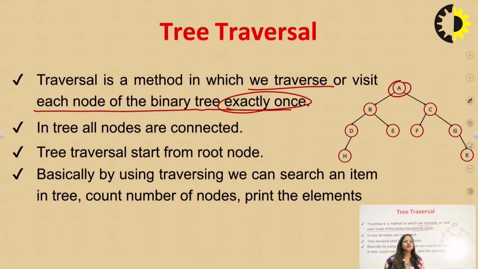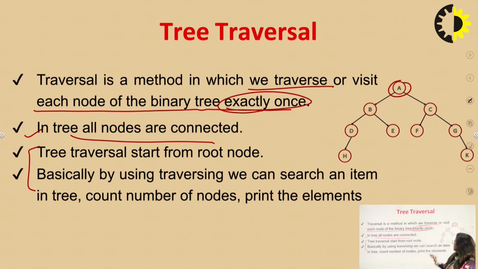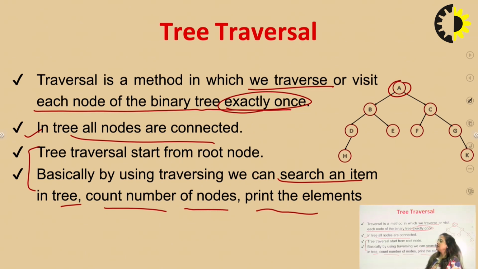All nodes of the tree are connected, and the traversal starts from the root node. Basically, by using traversing we can search for an item, count the number of nodes, and print the elements.